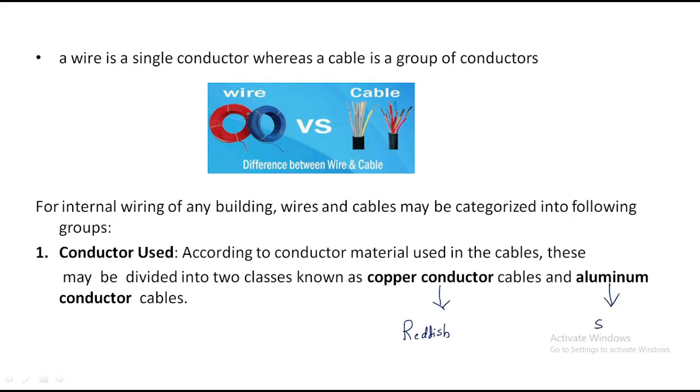Aluminum is like a silver color. By observing this you will get it. Wherever the reddish color is there, that is the copper conductor, and wherever the silver color is there, that is the aluminum conductor. This is the category depending on the conductor used.